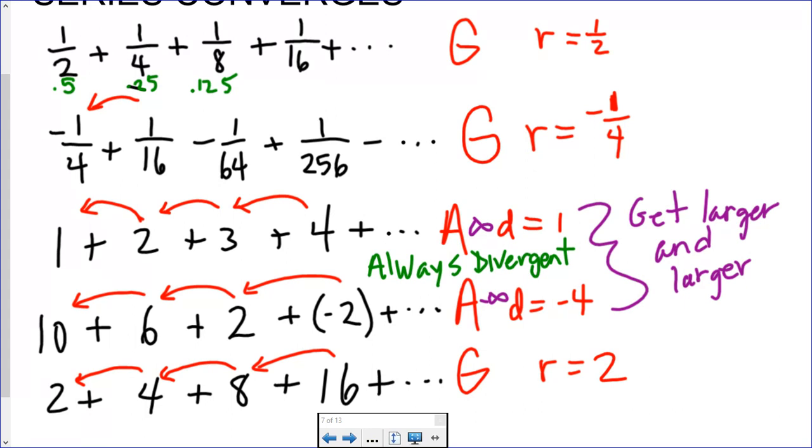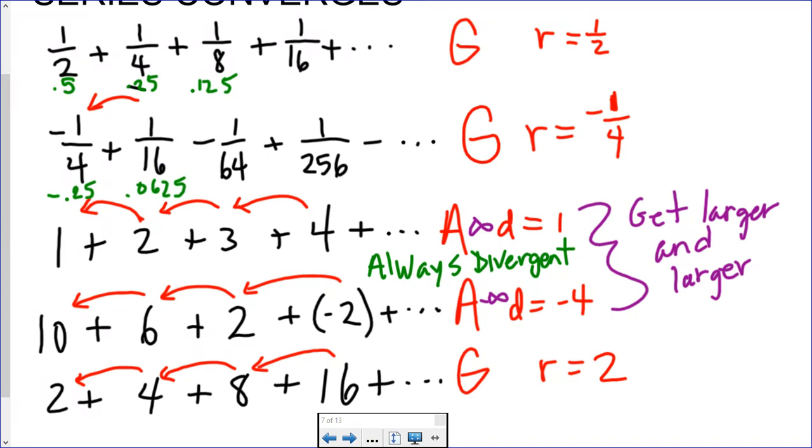Does that happen for the next one as well? So I got a negative 0.25 and then 1/16, which I don't know off the top of my head. That's 0.0625.